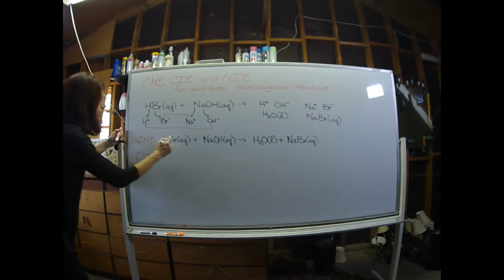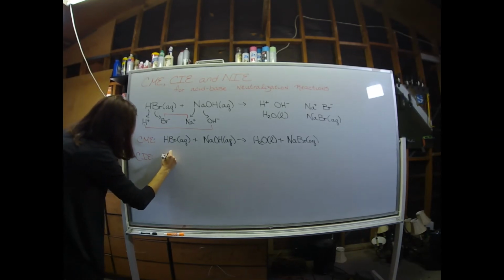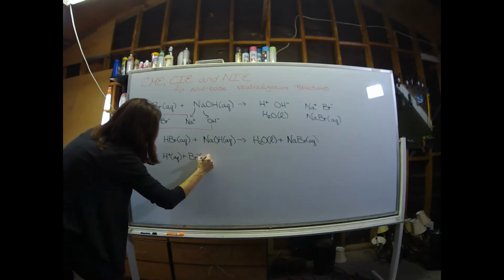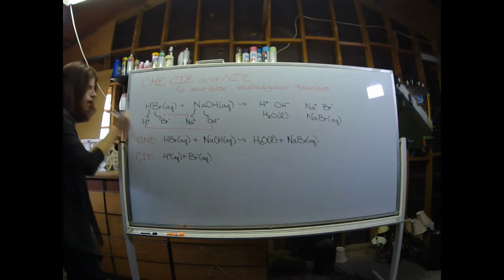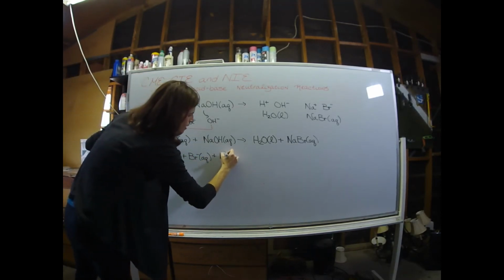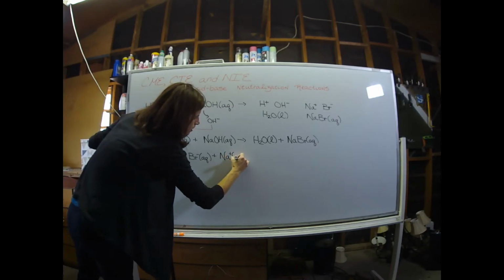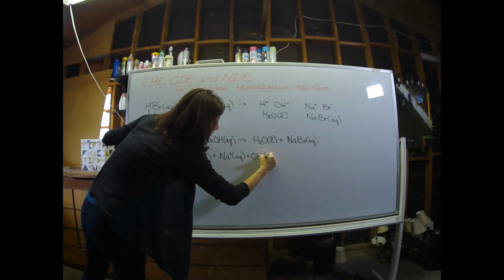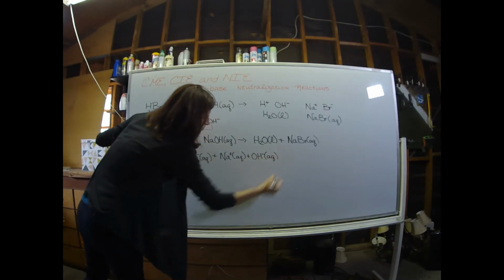Keep them together. So we're going to do H plus aqueous and Br minus aqueous for the hydrobromic acid. And then for the sodium hydroxide, we have Na plus aqueous plus OH minus aqueous.